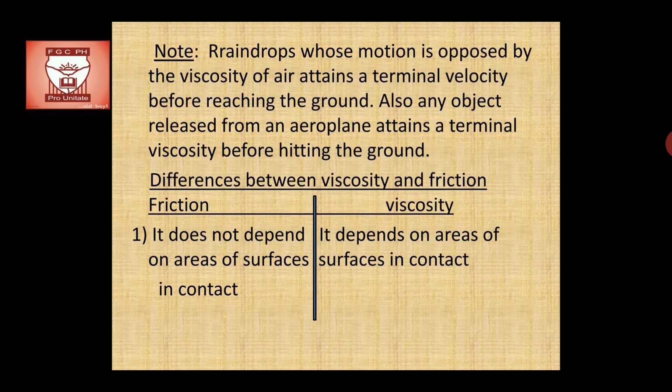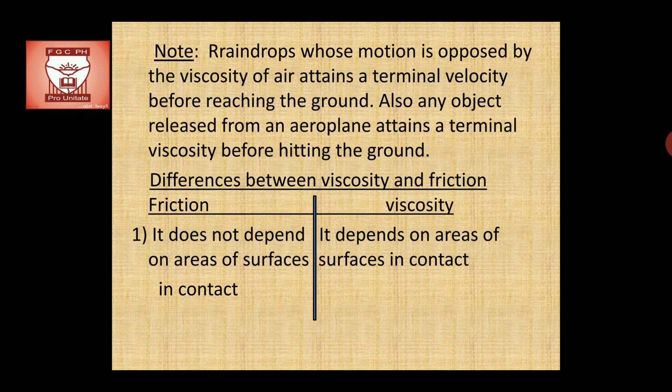Note, raindrops whose motion is opposed by the viscosity of air attain a terminal velocity before reaching the ground. Also, any object released from an aeroplane attains a terminal velocity before hitting the ground.